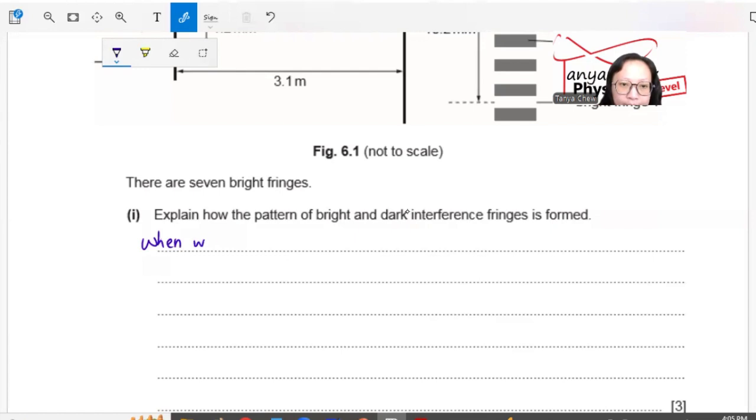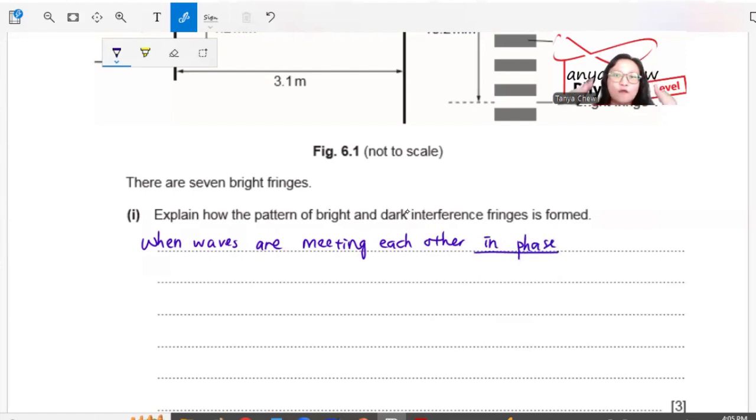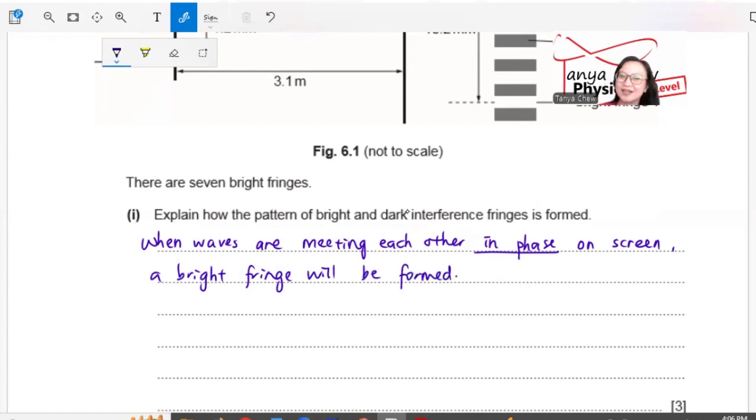When waves are meeting each other in phase, in phase means 0 phase difference, no phase difference, meaning there's no angle difference, on the screen a bright fringe will be formed. That is about the bright fringes.